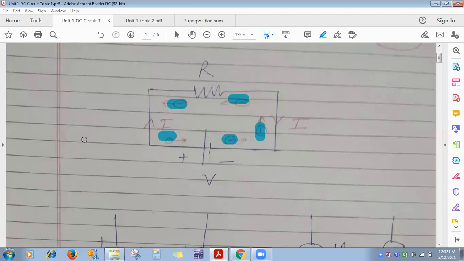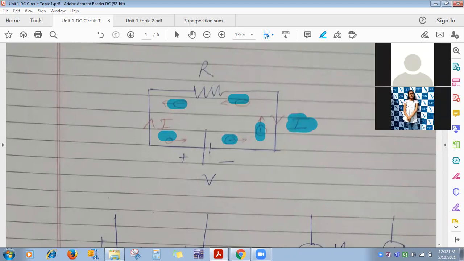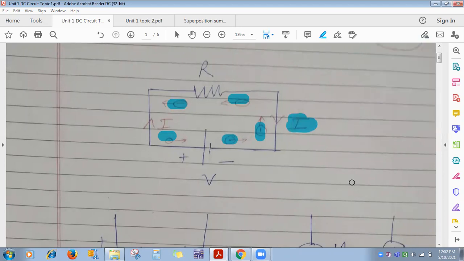This is the flow of electrons. The moment electrons start to move, the flow of electrons is called current. It is denoted as capital I. The unit is ampere, milliampere, microampere. Milliampere means multiplied by 10 to the power minus 3. Microampere means multiplied by 10 to the power minus 6. So current is flowing in the circuit.